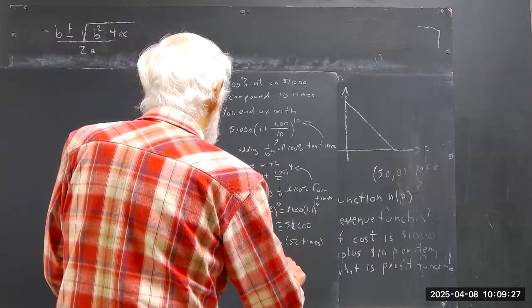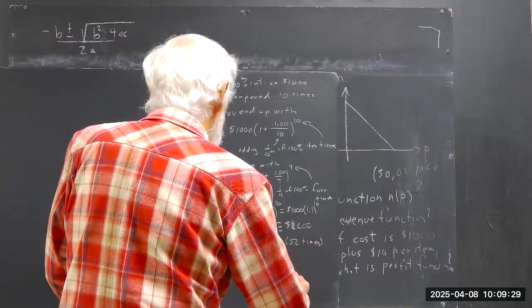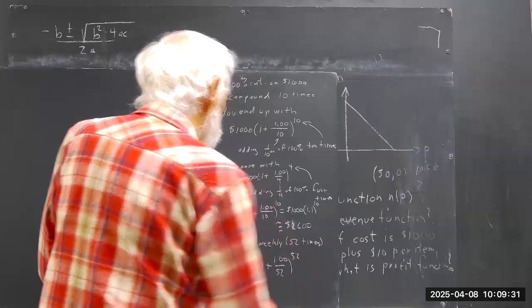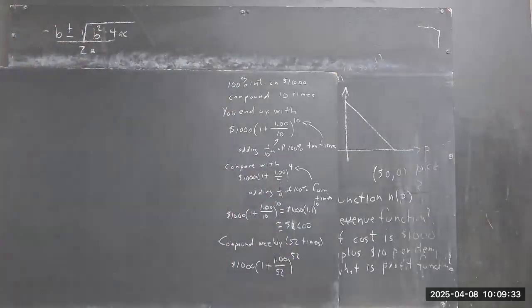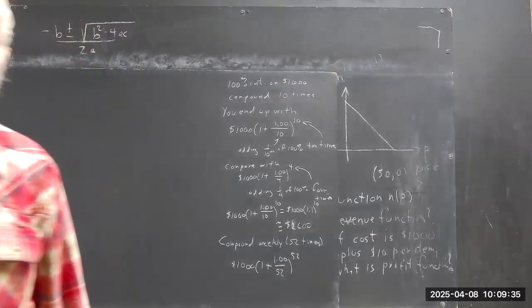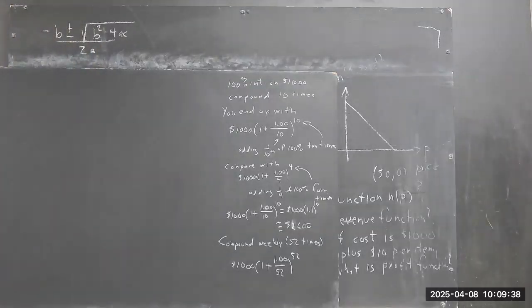Well, if we do it 52 times, that's going to be 1,000 times 1 plus 1.00 over 52 raised to the 52nd power. So could you punch that into your calculator, see what you got?